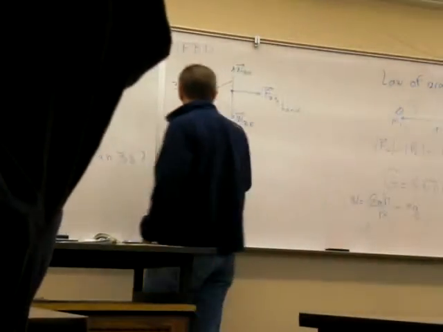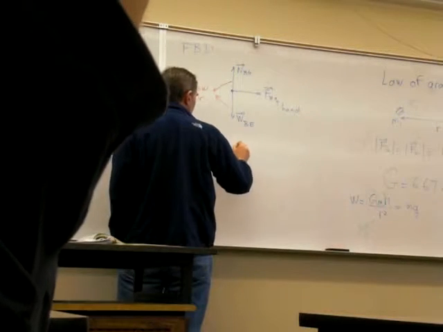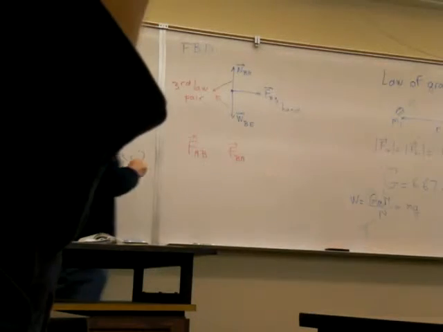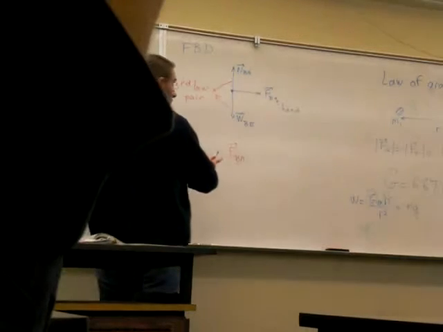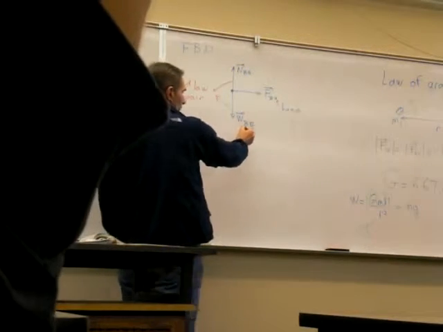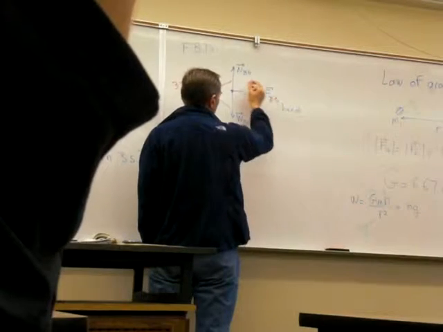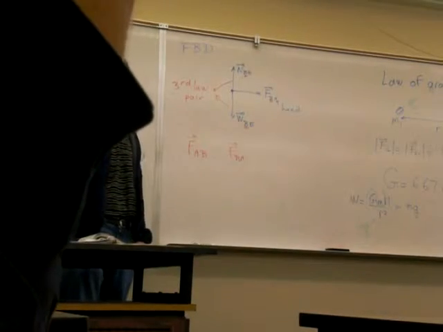Why? Because the third law reads this way: F_AB equals negative F_BA, and we know that these two are equal in magnitude and opposite in direction. That can never happen on a free body diagram, because the forces always act on the same object.